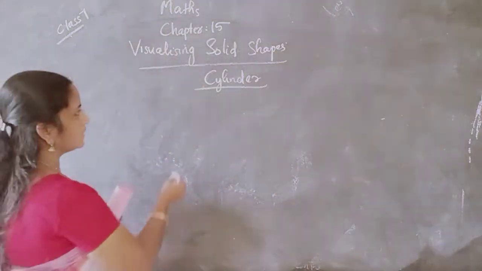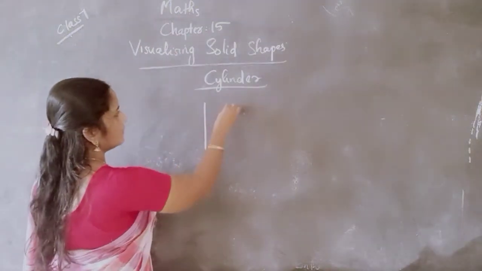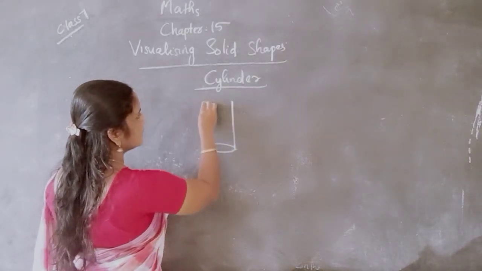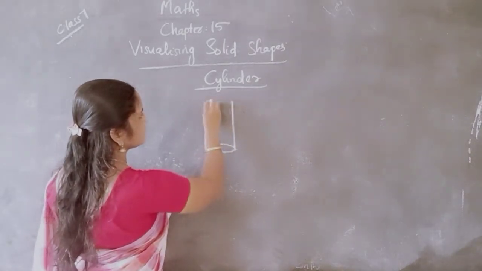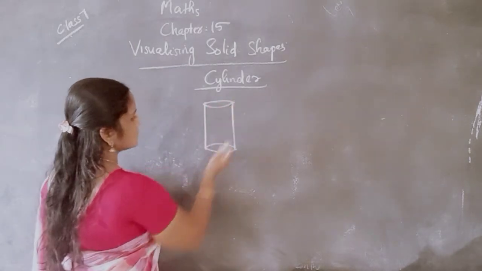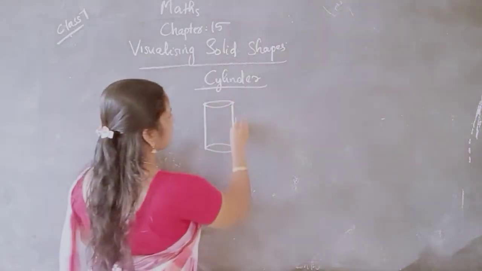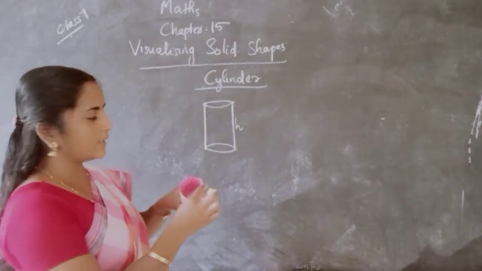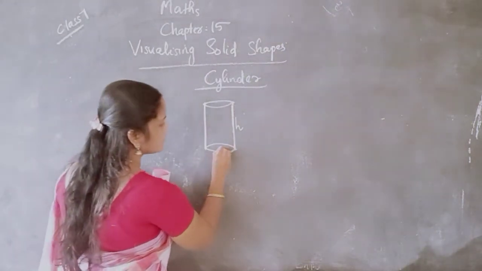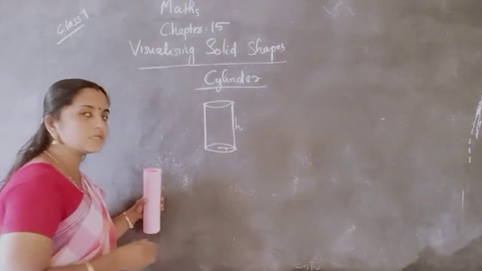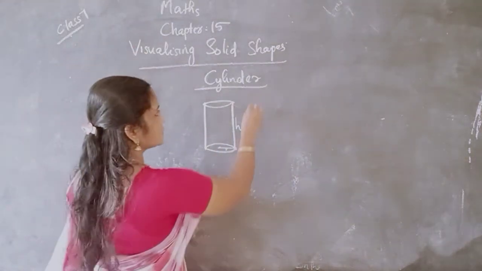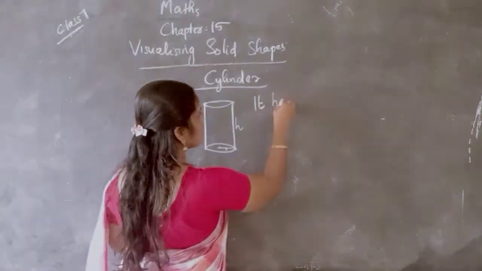Okay. Cylinder means somewhere like this. This is the shape of a cylinder, and this is the height, and from the center we can mark the radius also, because since it is circular shape, you know that it has an area. So for a cylinder, how many faces are there?